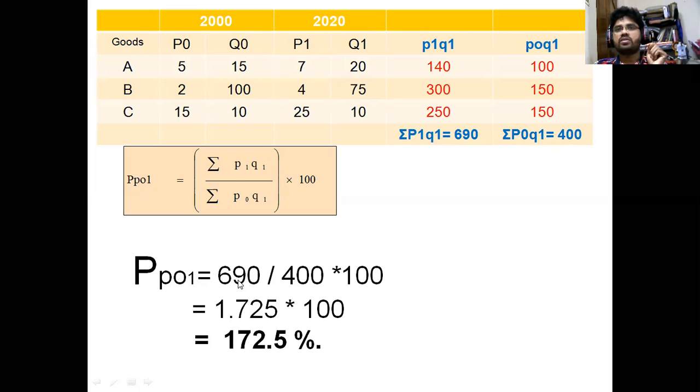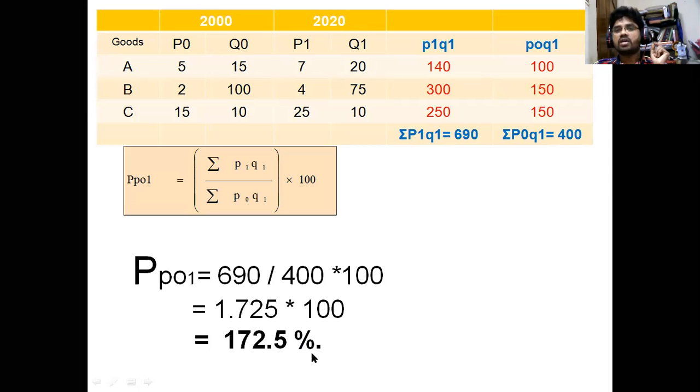P01 is the sum of P1 Q1, 690, divided by the sum of P0 Q1, 400, into 100. 690 divided by 400 gives 1.725. Multiplying by 100, you get 172.5%. So the Paasche price index value is 172.5.